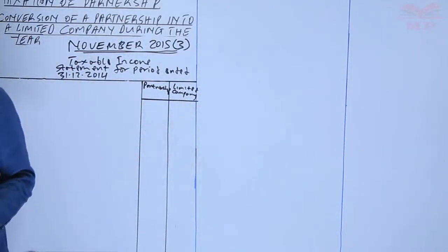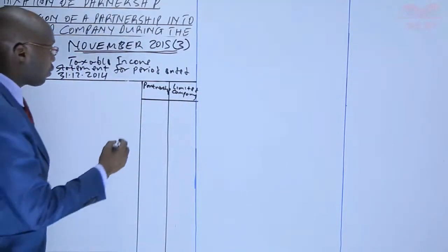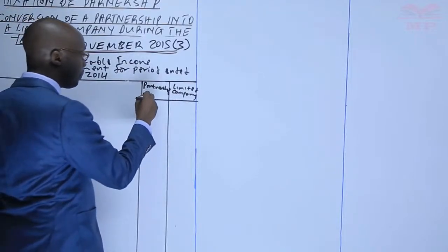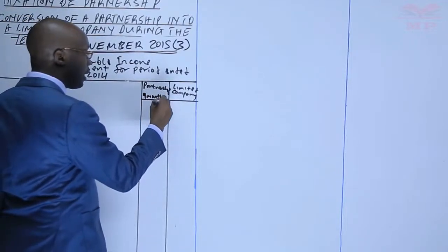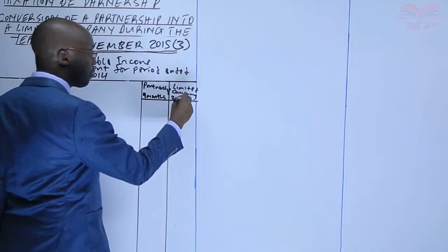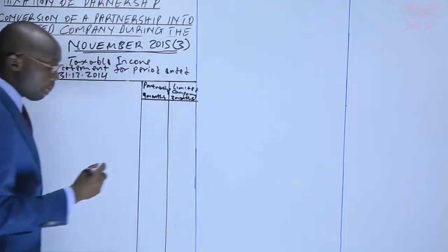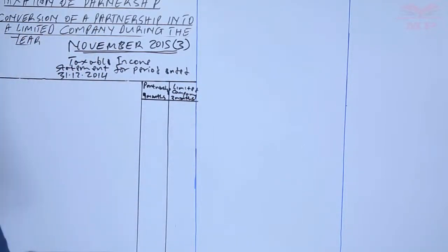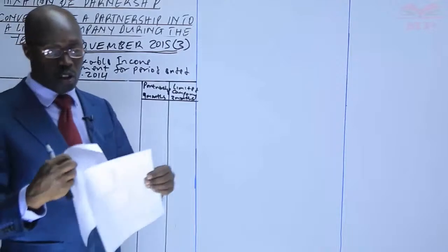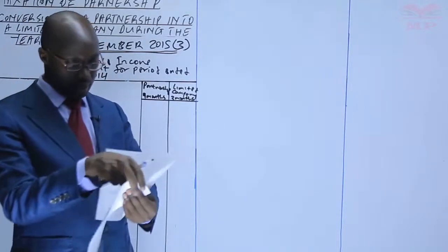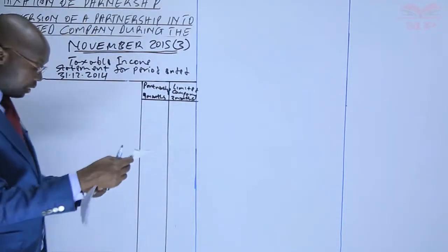As we have noted, the partnership lasted for a period of 9 months in that year, and the limited company 3 months in that year. So here we are using the gross profit method. So we start with the sales.